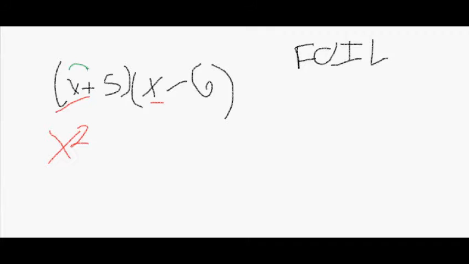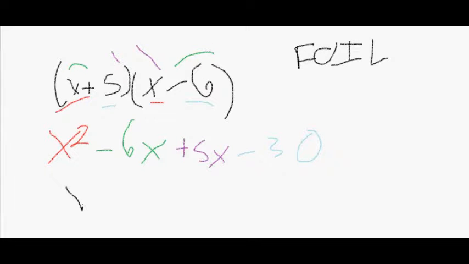Then outer, which is x times negative 6, which is negative 6x. Then inner, which is plus 5x. Then last, which is 5 times negative 6, which is negative 30. Now simplify: x squared, negative 6x plus 5x is just negative x, and then minus 30.